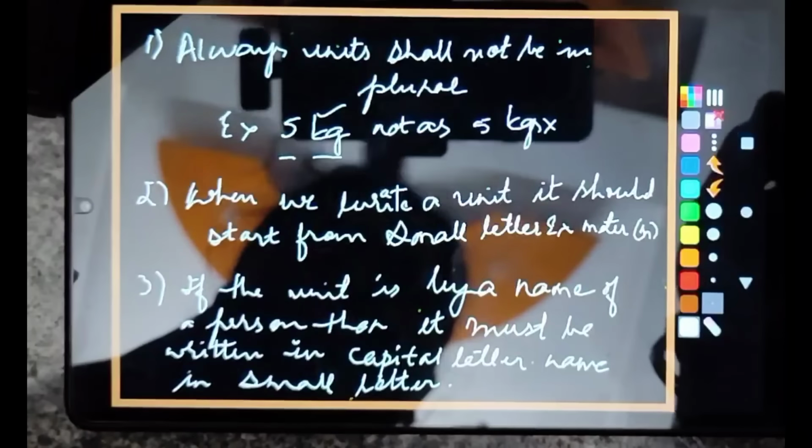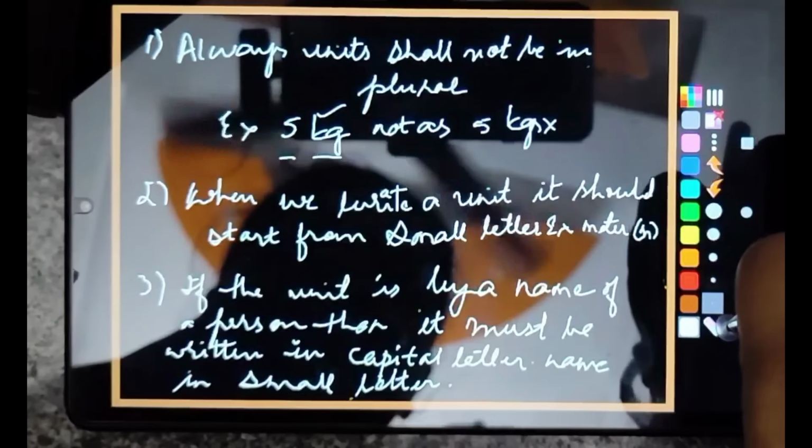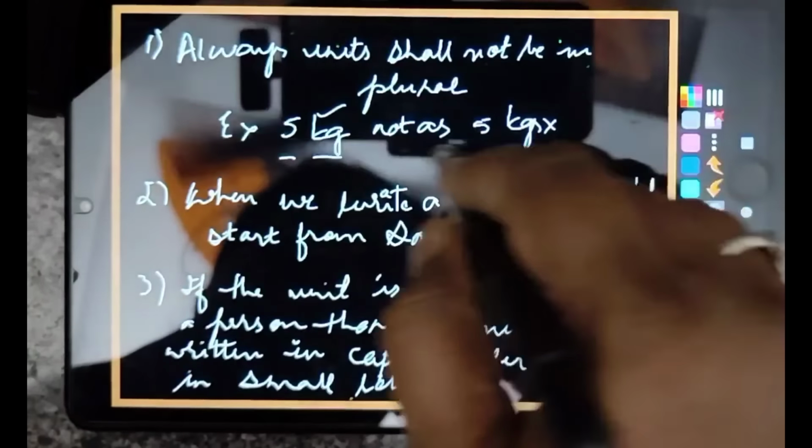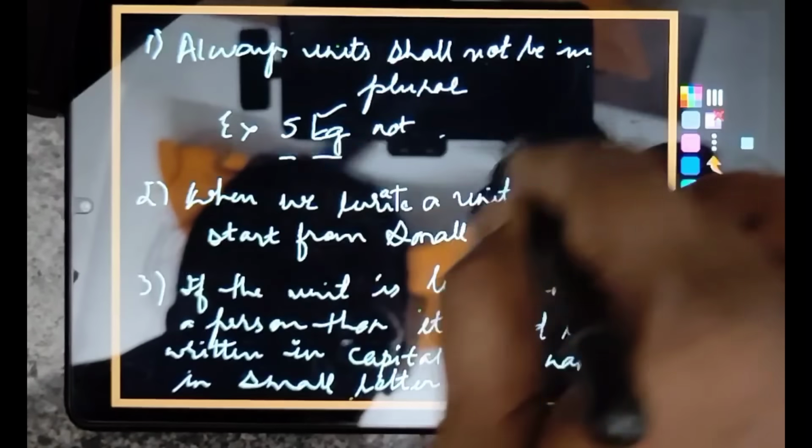Okay, so there are some more rules to be followed, but let us take only these three rules which are very important.